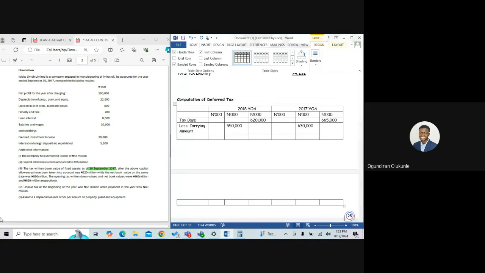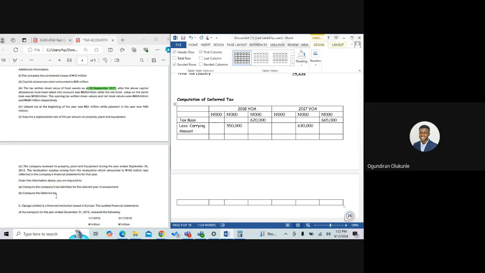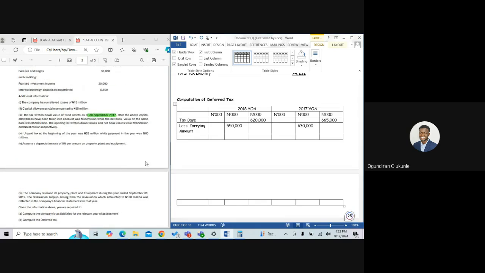Then the next thing you are checking for is, is there any revaluation? Because revaluation is assumed to have increased the value of an asset. Remember that the current amount of an asset is the cost less accumulated depreciation, add revaluation surplus. So in any question you are given, check if the asset was revalued or not.